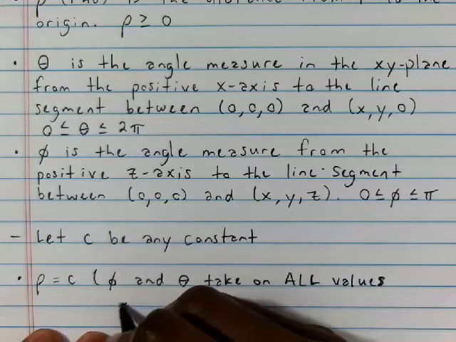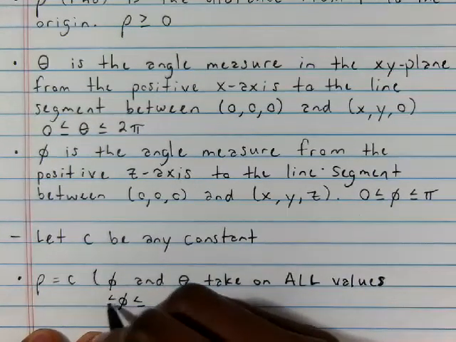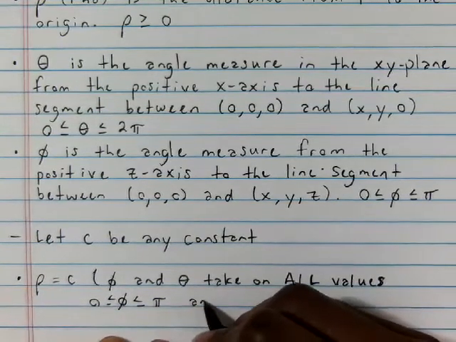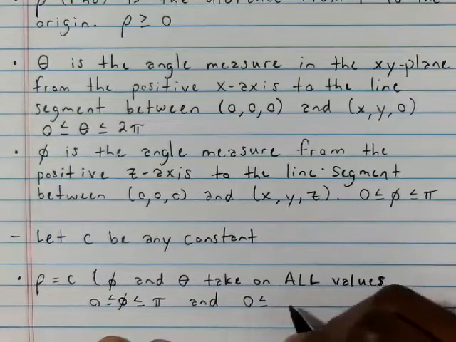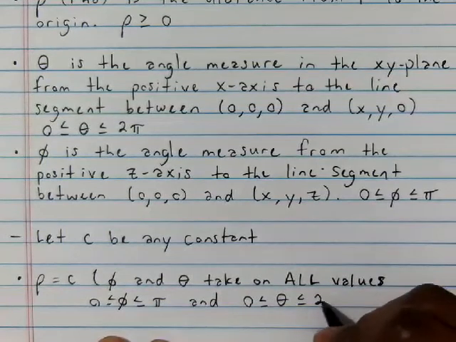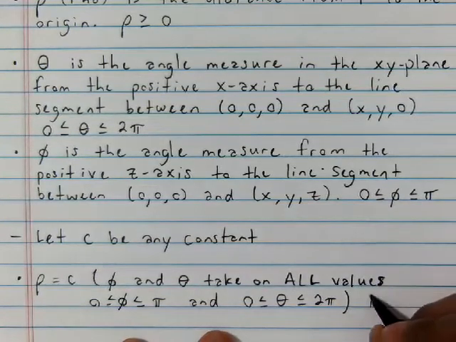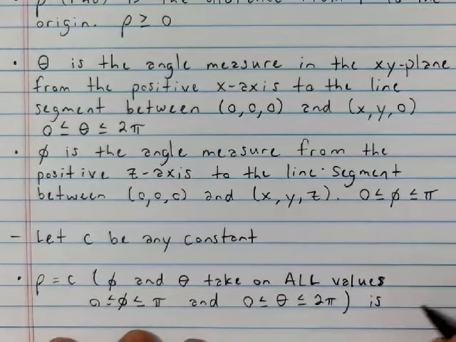So for phi, that's from 0 to pi, and theta, that's from 0 to 2 pi. This is a sphere.